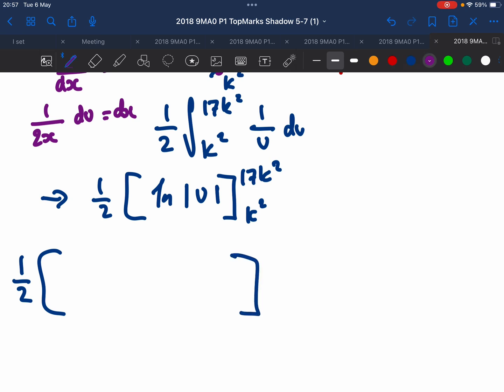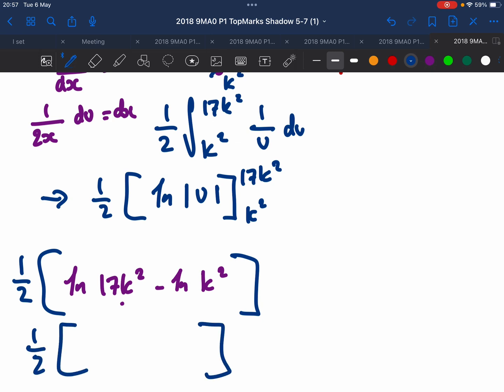Since k squared is already positive, notice that this modulus sign just disappears. So 17k squared minus the natural log of k squared. And when we subtract logs of the same base, that's the same as the natural log of 17k squared over k squared.